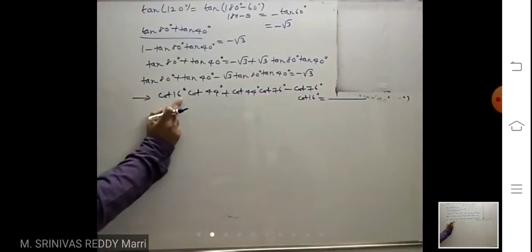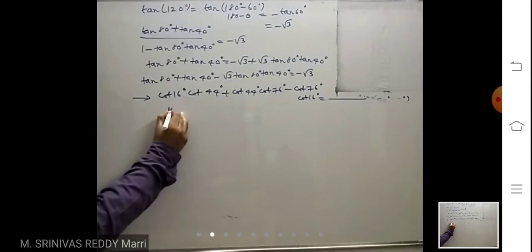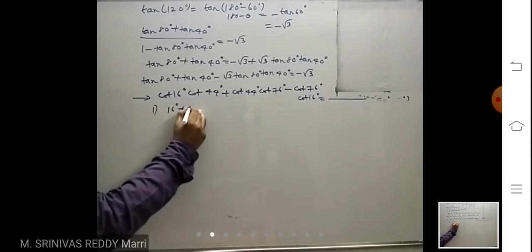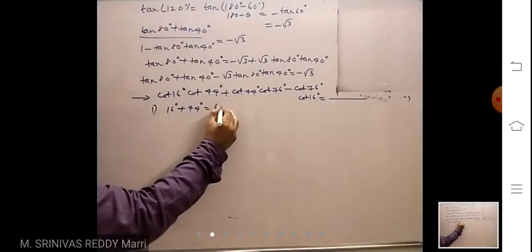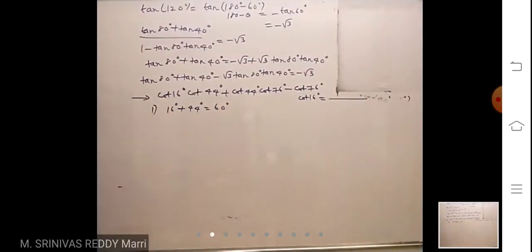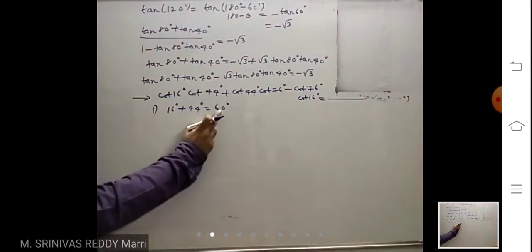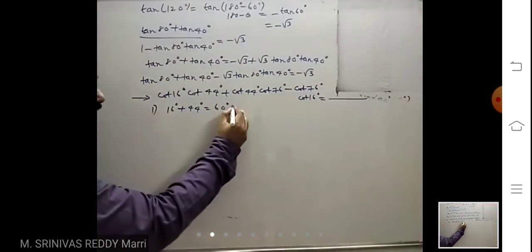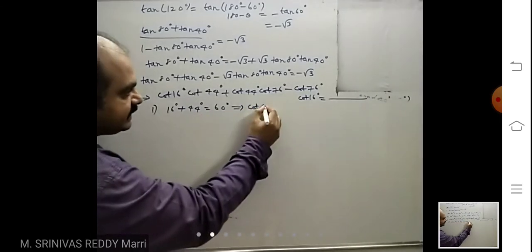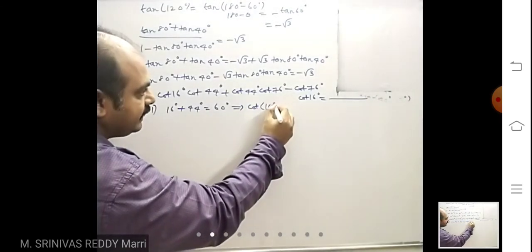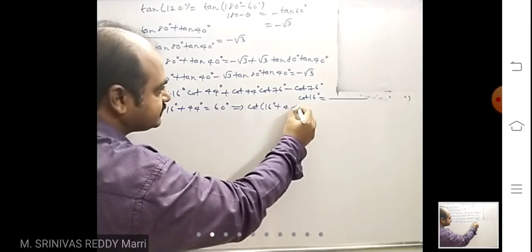If you look at these two angles, first 16 degree plus 44 degree, this is a known angle, 60 degree. So this value is a stable value, right? So now with this I am considering this one and applying cot on both sides.